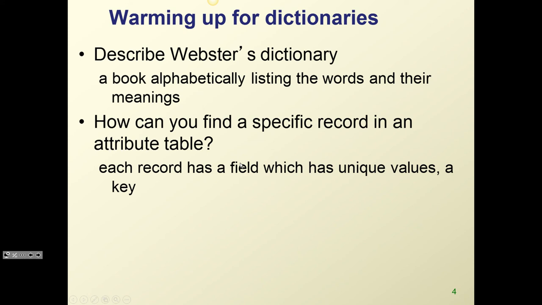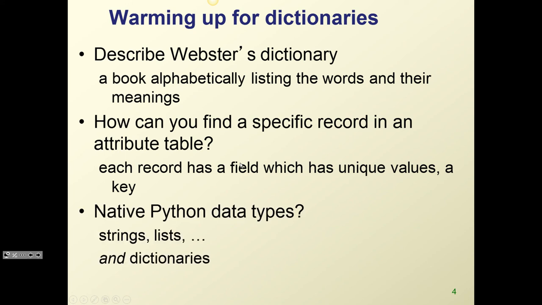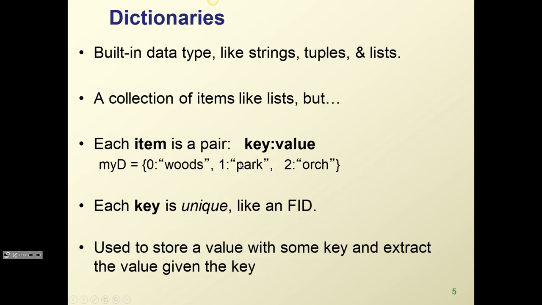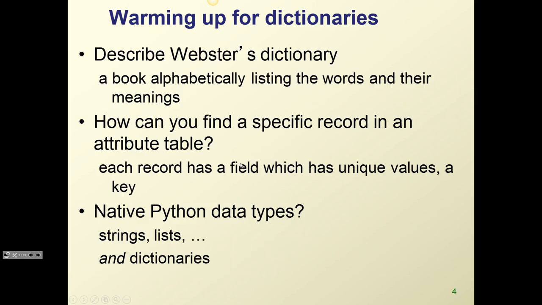For example, a shapefile attribute table has an FID, and whenever you add a new row to the table, it assigns a unique key, an FID value that has not been used for any of the other records. Keep in mind that, like strings and lists, this is a native Python data type that doesn't have to do specifically with ArcGIS. Next, let's look at the syntax for dictionaries.